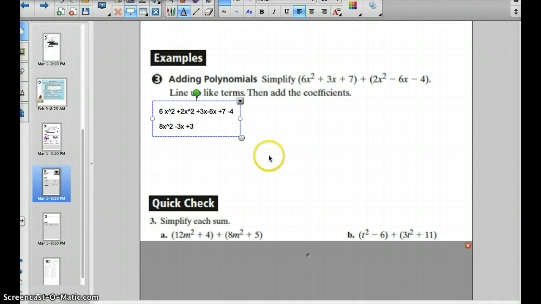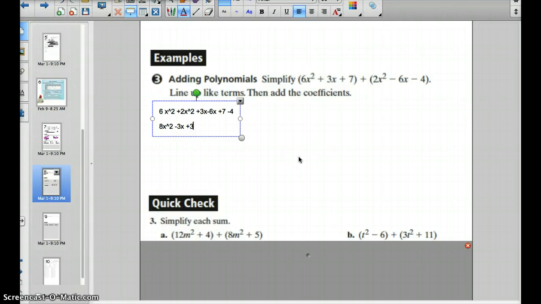Now think about what the result is. We've got a 2nd degree trinomial, but we can also call it a quadratic trinomial because 2nd degree equations are usually quadratics.